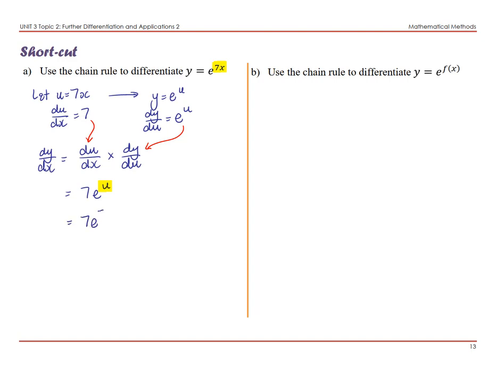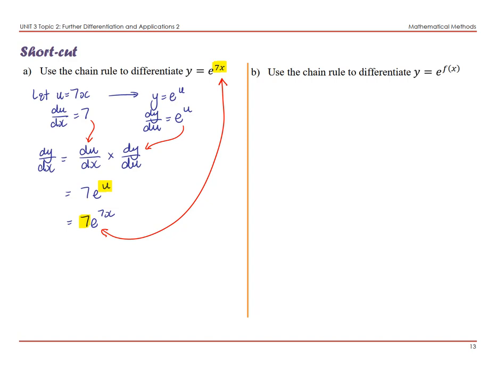So 7e to the 7x. Compare to the original, and hopefully you notice that that 7 is the derivative of the power.